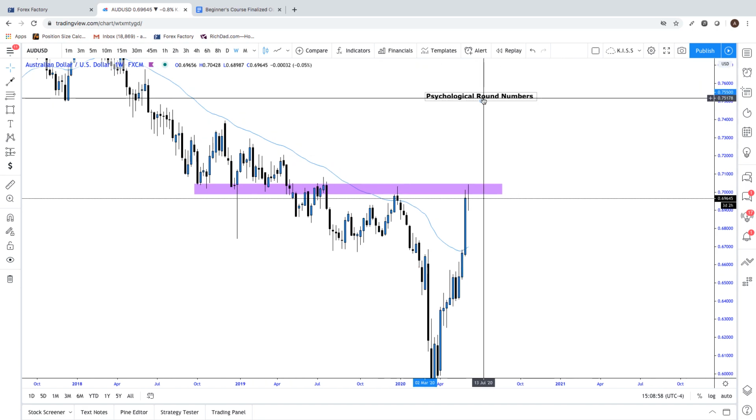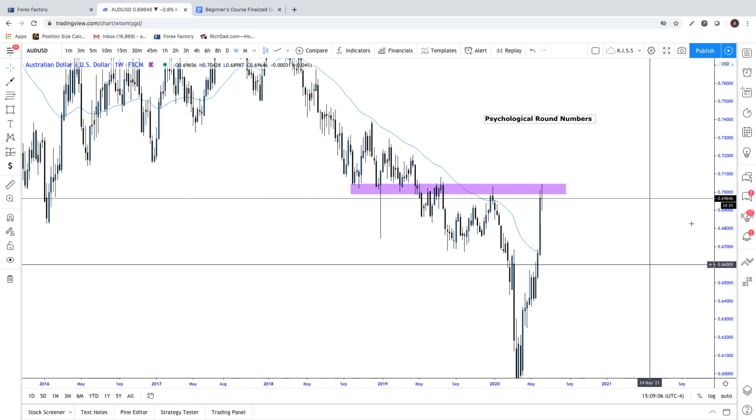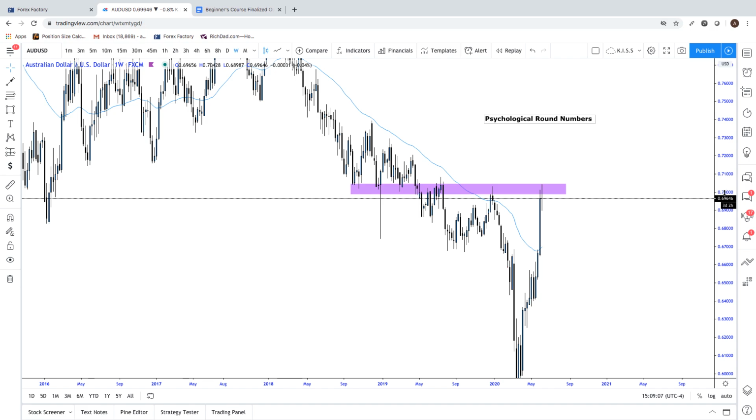And with psychological round numbers, I mean numbers in price that end in specifically 00 and 50.